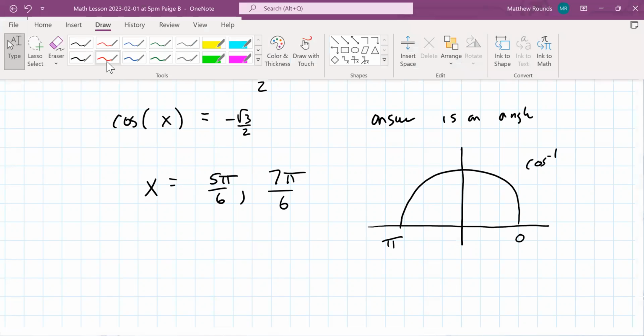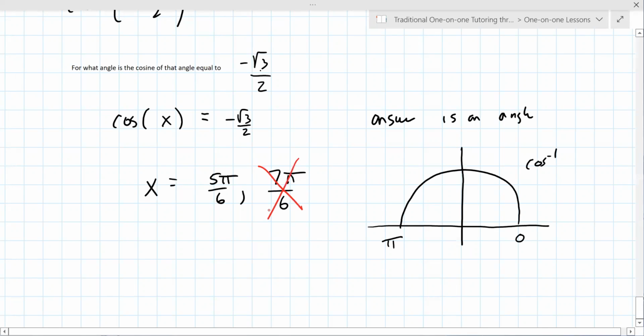So that excludes this one. So it's more stuff to remember. There are all these little bends in the learning here.